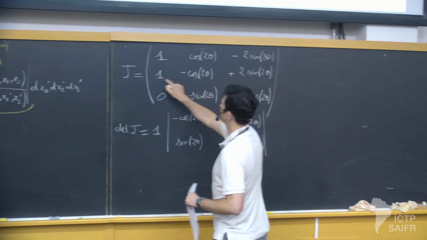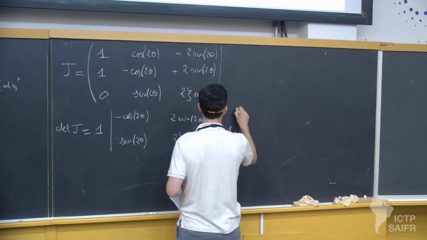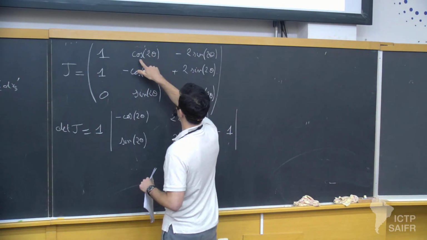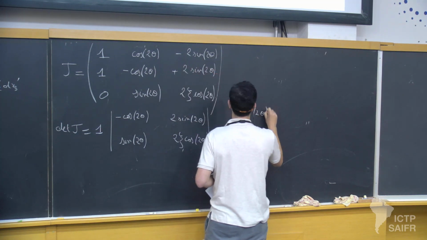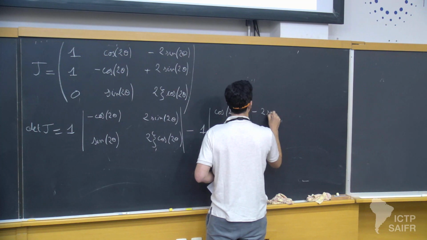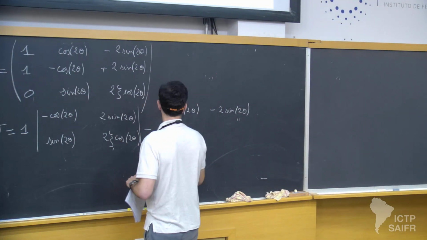And then I have the second coefficient on that line, so minus 1 times the square with these two elements on top, minus 2 sine 2 theta, and then the bottom are those two elements.